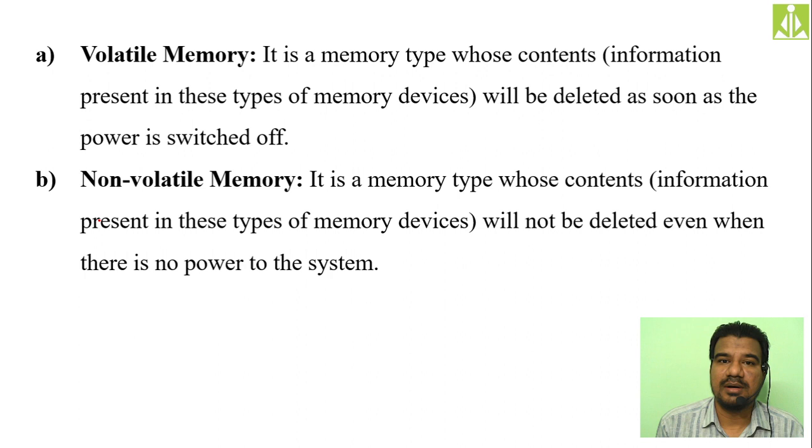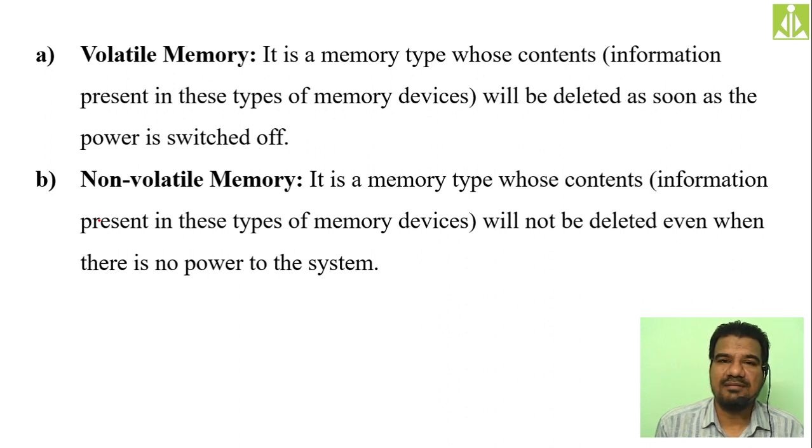Remember this one, it is a very important question for your viva: the difference between volatile and non-volatile memory. Definitely they will ask this question. So volatile memory, simply remember, it is a kind of memory where whatever data you have stored, if the power goes down, the data will be lost or deleted.